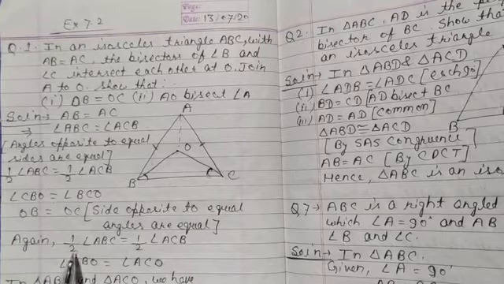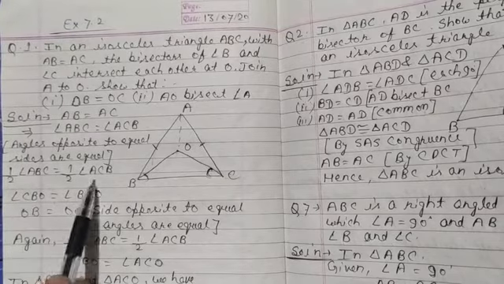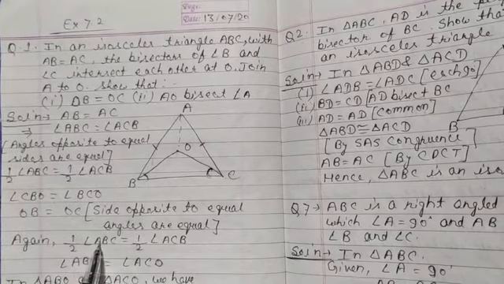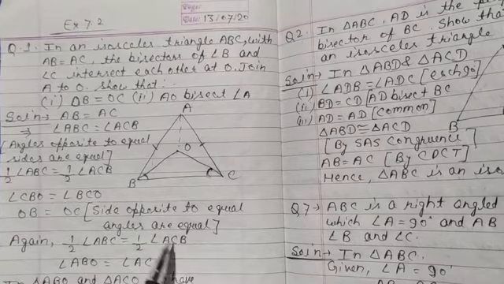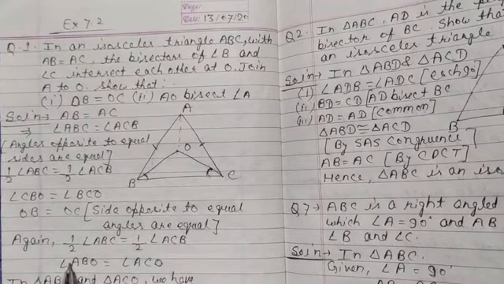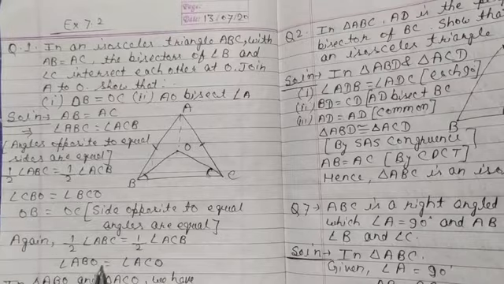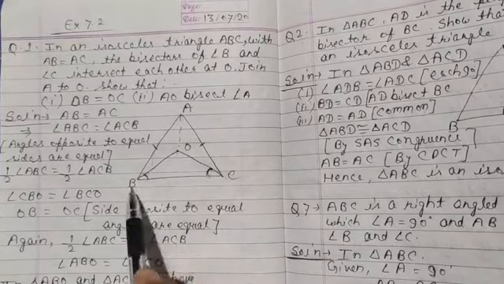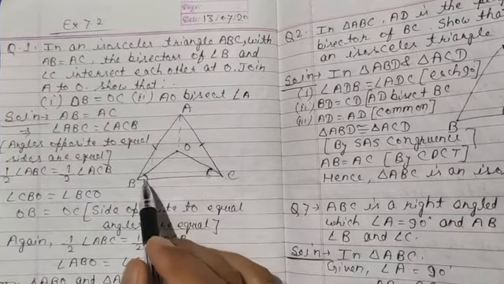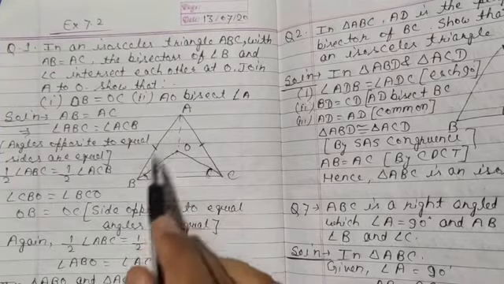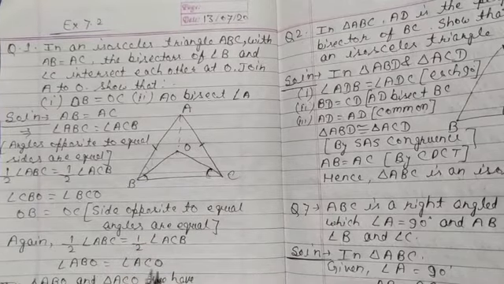Again we know half of angle ABC is equal to half of angle ACB, so angle ABO is equal to angle ACO.